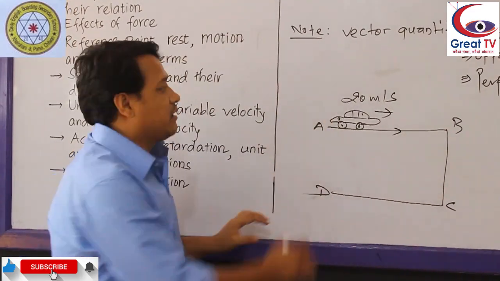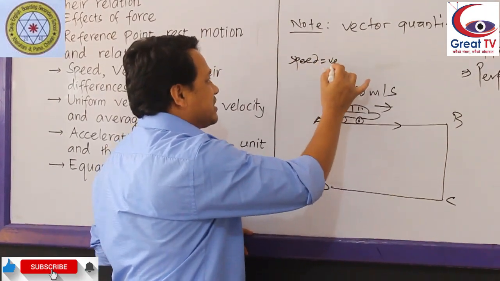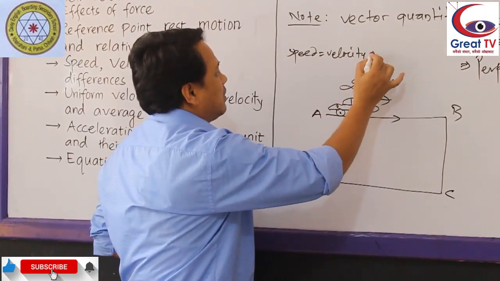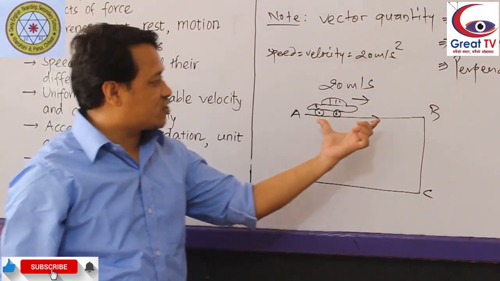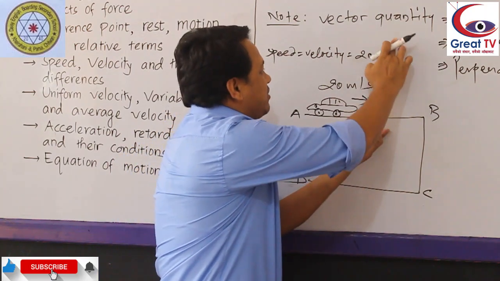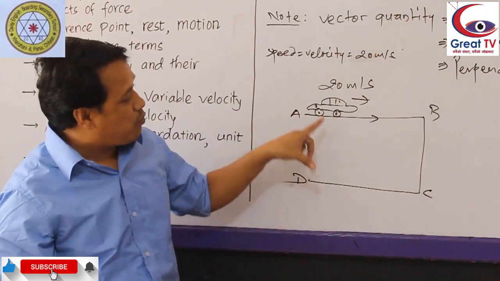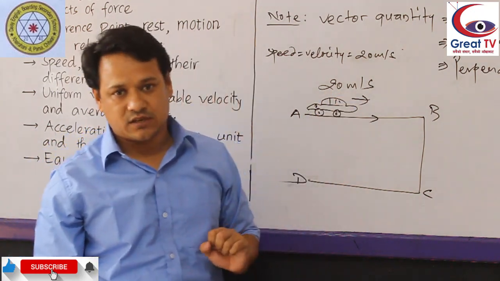So both its speed and velocity are 20 meters per second. Speed, because it is a straight path, and velocity, because it has a particular direction. Both speed and velocity we can say are 20 meters per second.